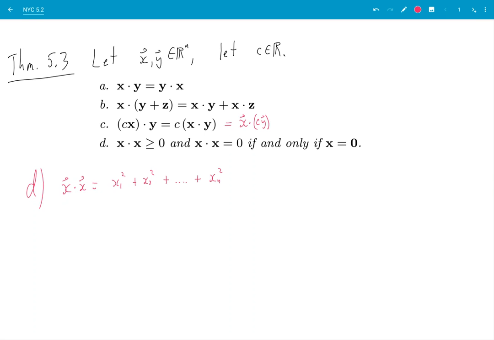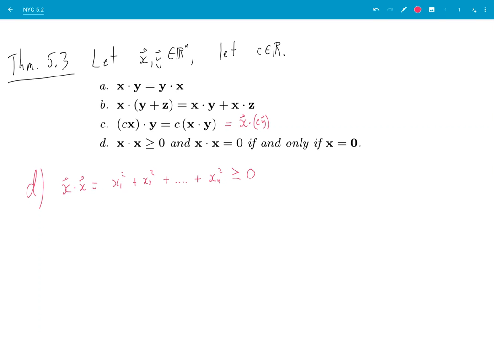Well, that is at least 0. All these terms are at least 0. So it's pretty clear that if you add up some non-negative numbers, you will get a non-negative answer.